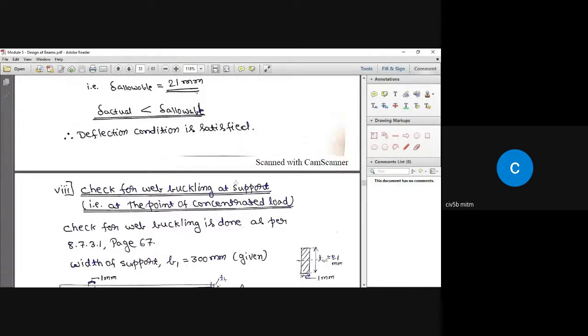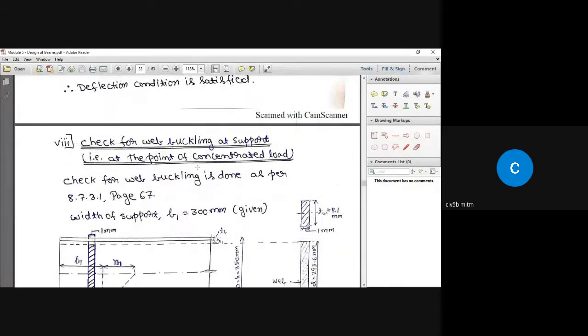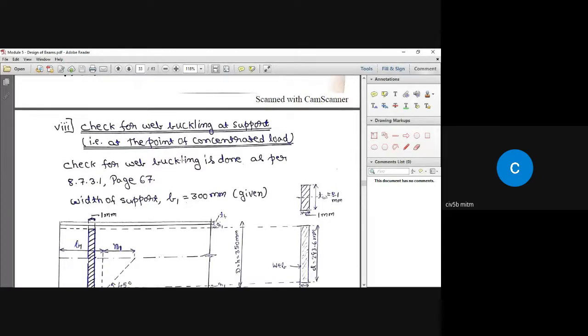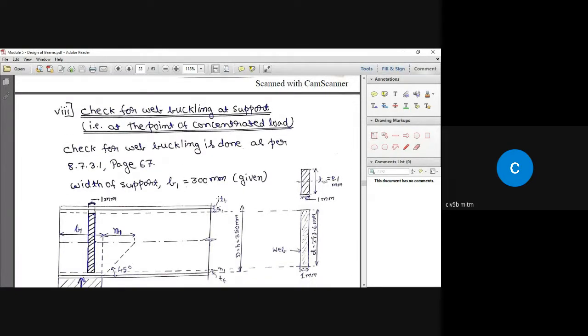As I said in the previous class, if d by tw is at most equal to 67 epsilon, you don't have to check for web buckling and web crippling. Normally for all those rolled sections, IS HB, IS MB, IS WB, IS LB, etc., check for web buckling is not required if you satisfy those conditions.